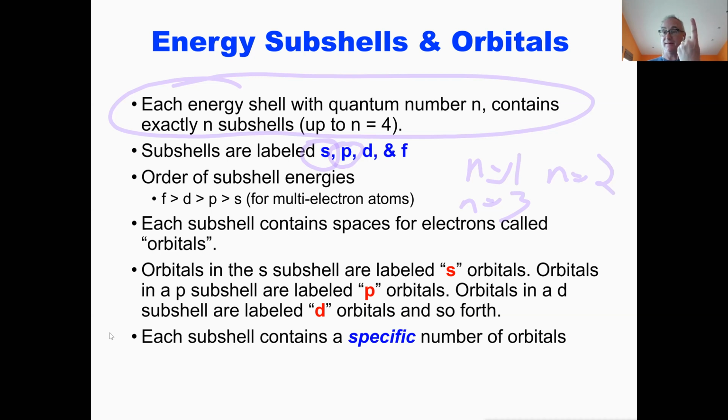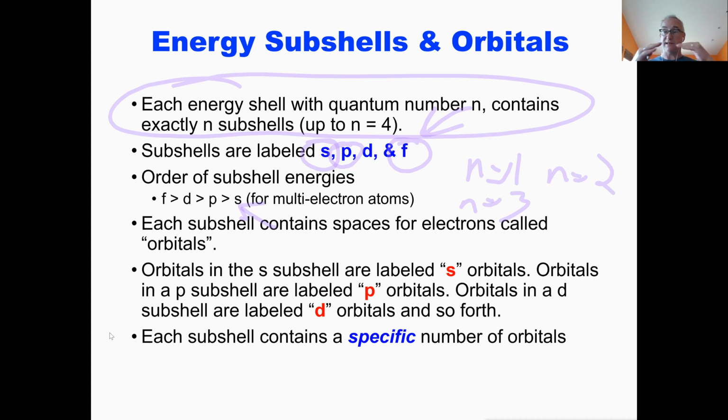We have S, P, and now a new one called D. And then when we get to the 4th level, now we have 4 subshells, S, P, D, and the new one called F. And for the energies, F is the highest, D is the next, and then P, and then S. S is always the lowest energy subshell.